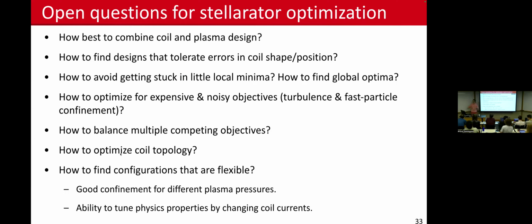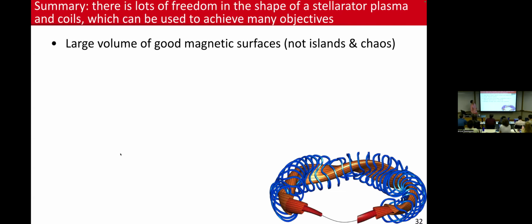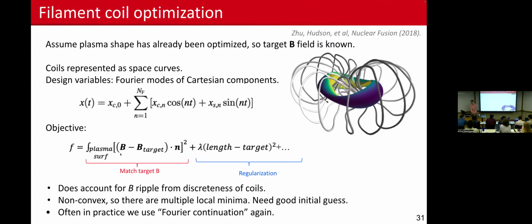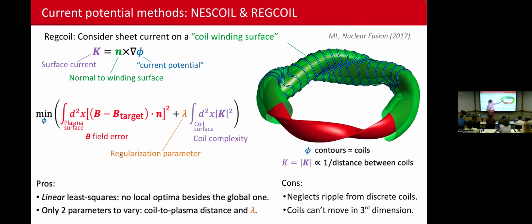We just let the currents evolve and minimize the B normal on the plasma surface, and we were able to get pretty cool looking topologies, but that has its own challenges because now you have to optimize this very complicated looking thing. It's kind of like the winding surface method, but instead of a surface, you're now optimizing a whole volume of currents, and that has its own complications. So it looks a bit like this, but instead of this winding surface, we have this very complicated volume to deal with. So there are some initial ideas on that, but it's hard.